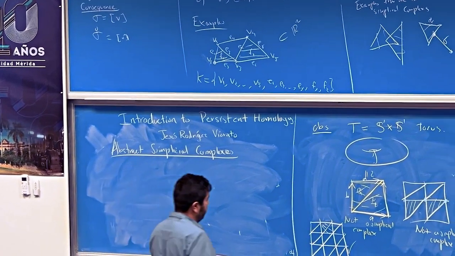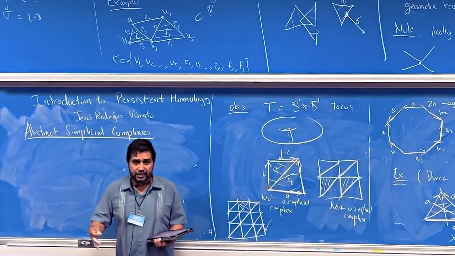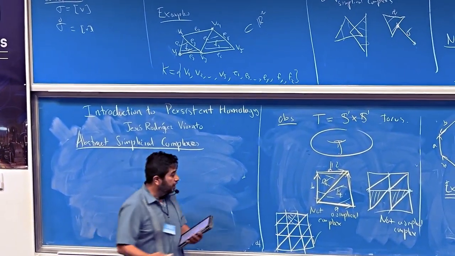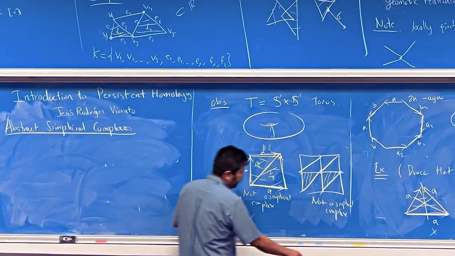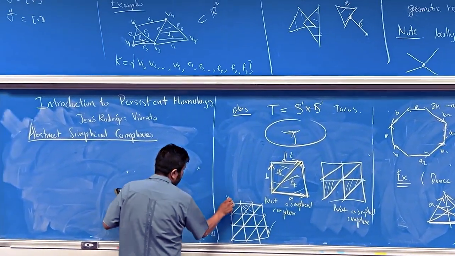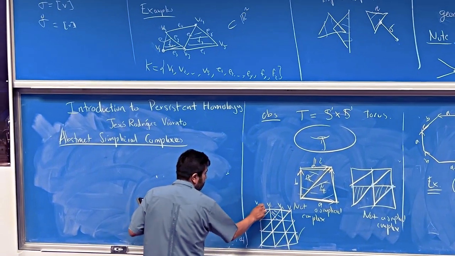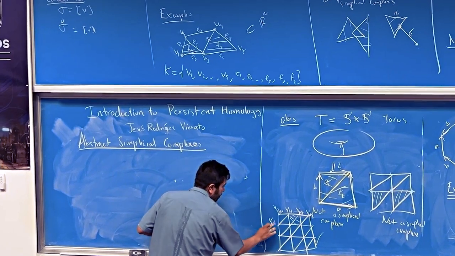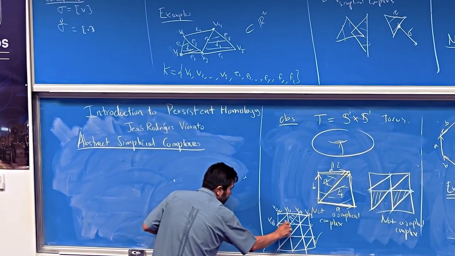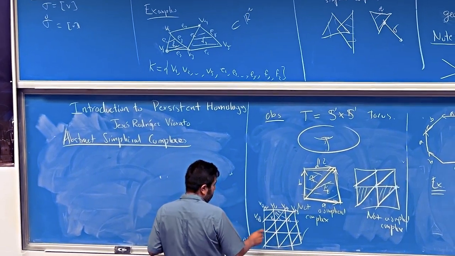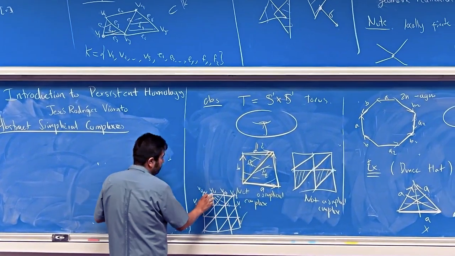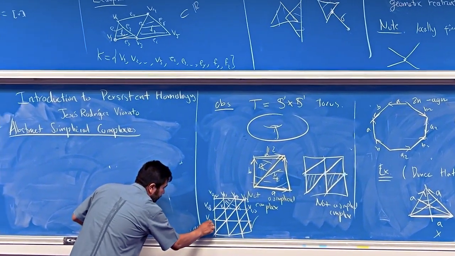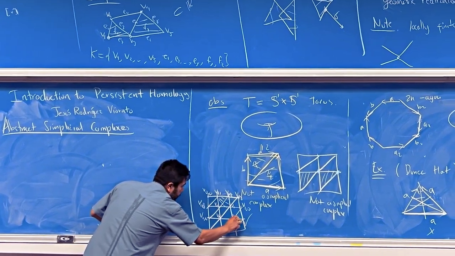One of the advantages is that you can describe the structure of the simplicial complex just by looking at the vertices. So for example here, you just have a number of vertices: B00, B01, B02, B03, like a matrix, exactly, B10, B11, B12, B13, B20, B21, B22, and B23.